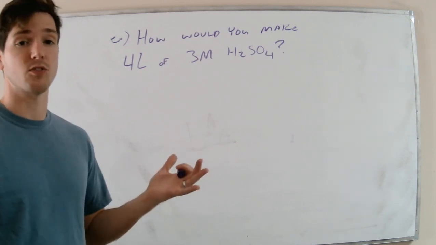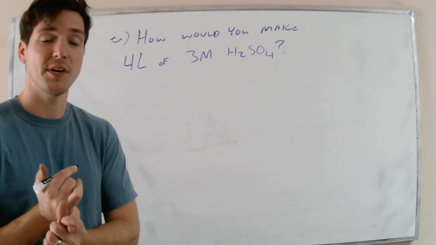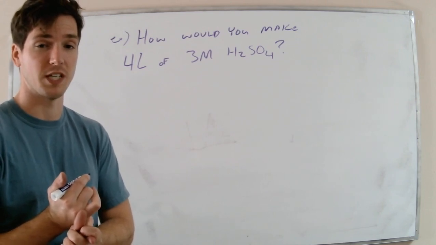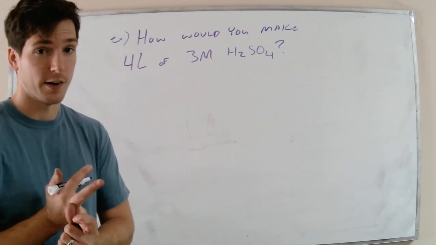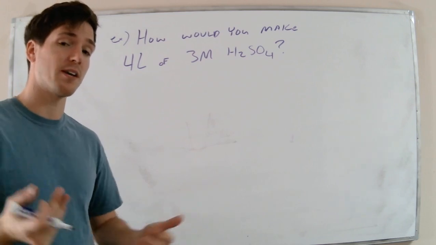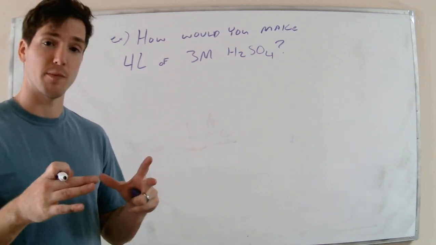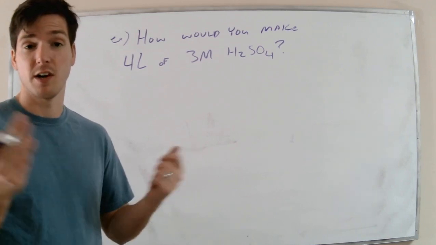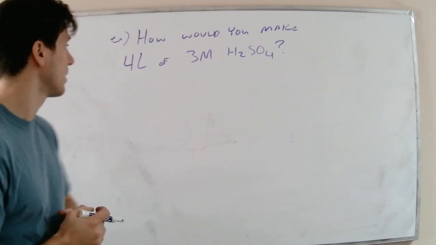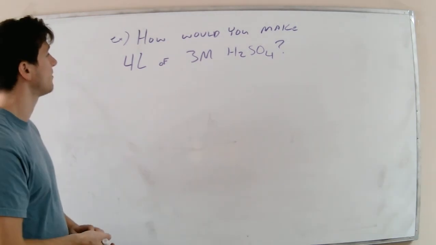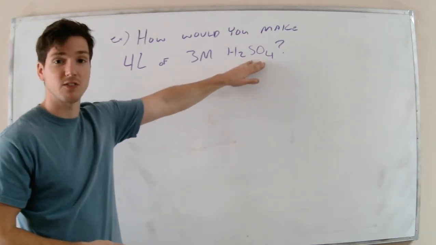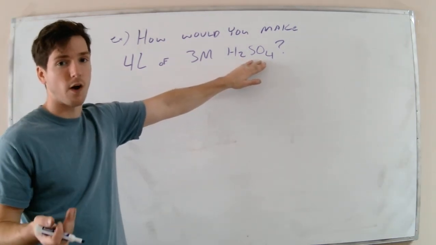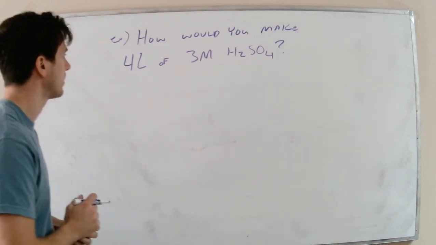Well, when you make a solution, you need to know how many grams of what you're dealing with you'll need and how much water you're going to need. So when I make a solution, I usually weigh out a certain amount of grams, put it in a beaker, and then fill it with water to whatever amount I need. So in this case, we need to figure out the grams of H2SO4 and how much water we're going to add to it, right?